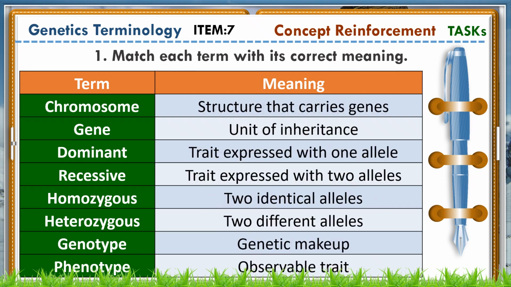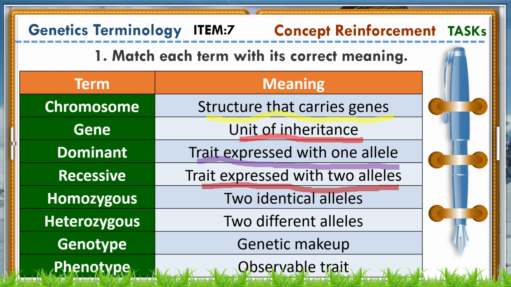Here we have finished arranging them. A chromosome is a structure that carries genes. A gene is a unit of inheritance. Dominant is a trait expressed with one allele. And recessive is a trait expressed with two alleles.